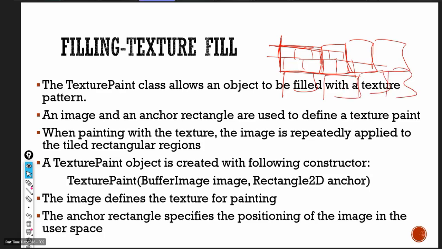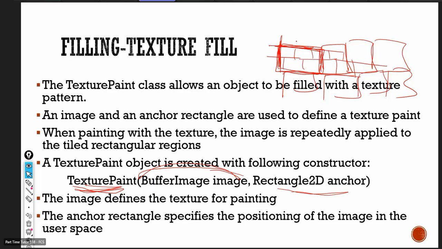That's why, for creating a texture paint, you have to give an image. And we have seen in the previous class how to import an image by using the BufferedImage class. And then I have to give the rectangle anchor, which is the rectangle of this image, and how we are applying this image.